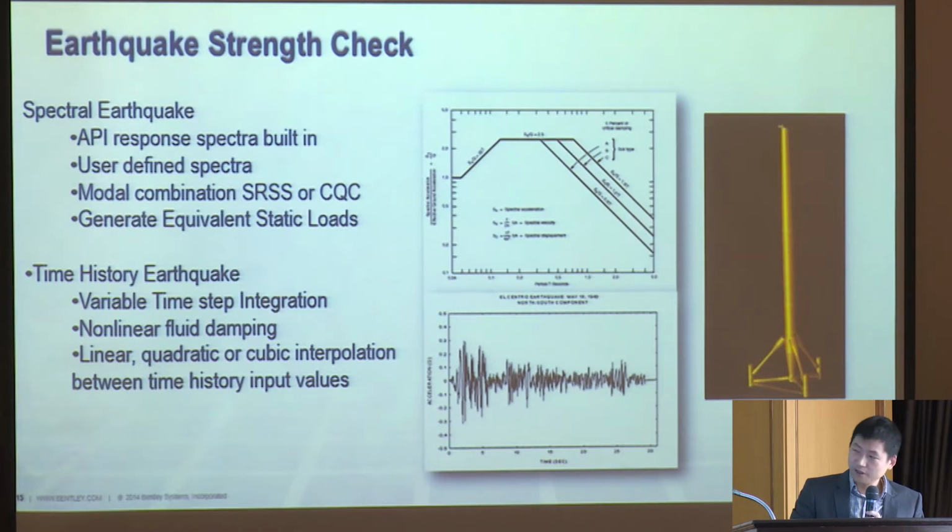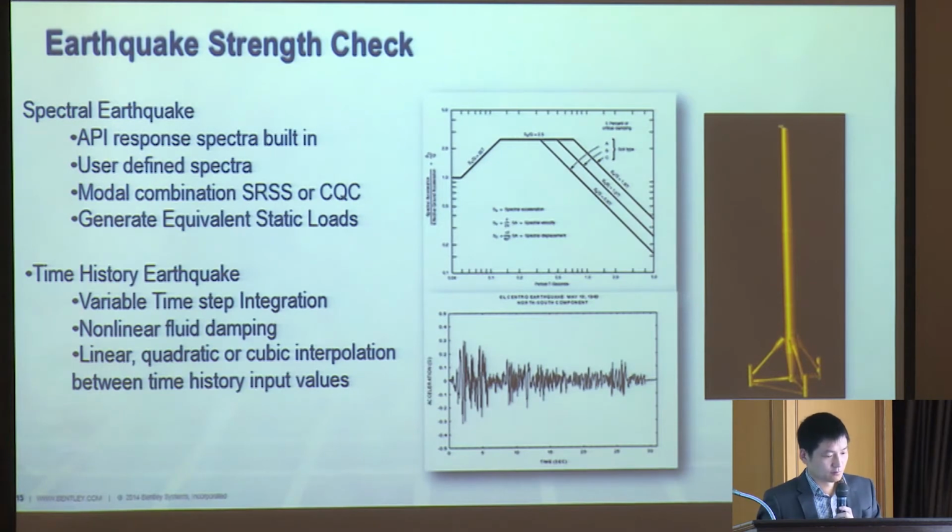Here is the API response spectrum curve, and it shows the relationship between the period and the ground acceleration. Of course, we support user-defined spectra.